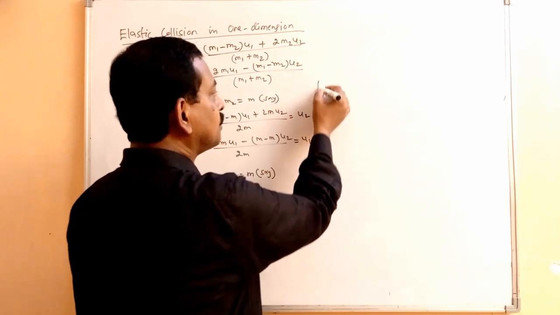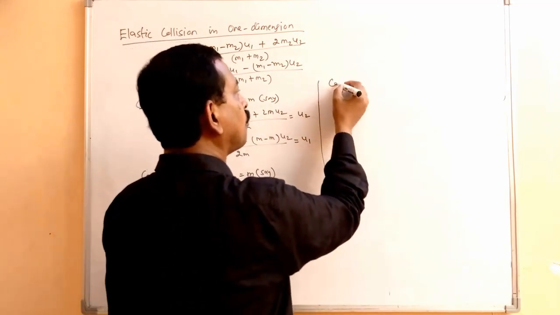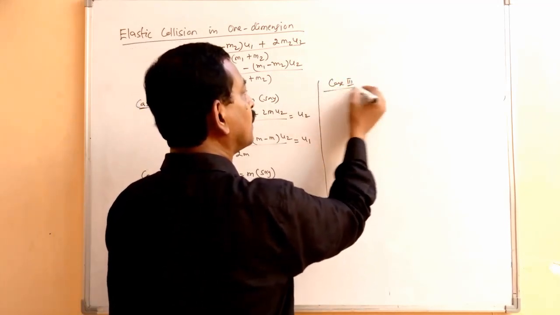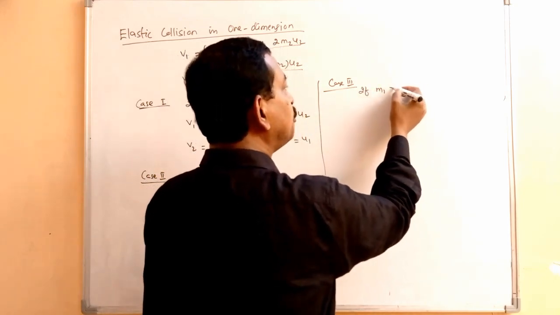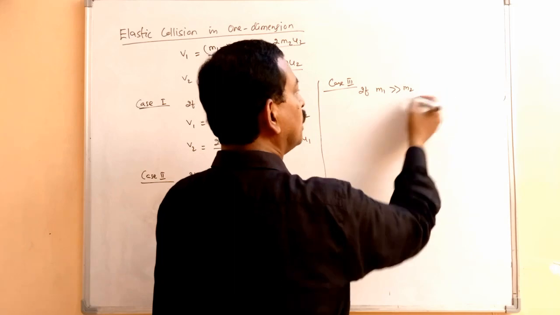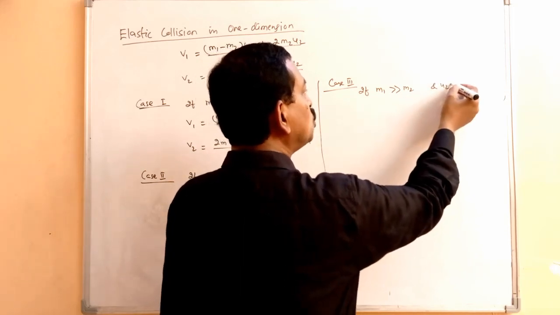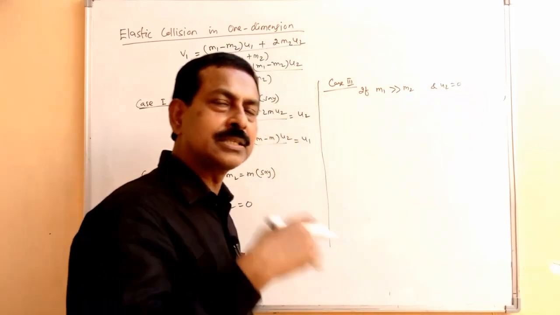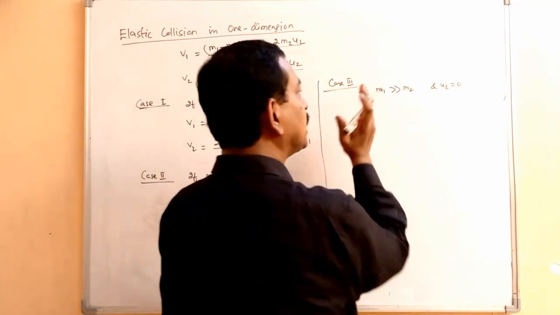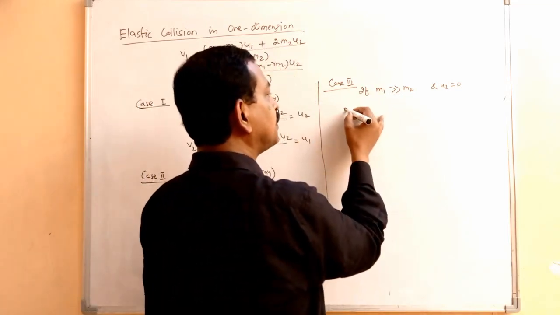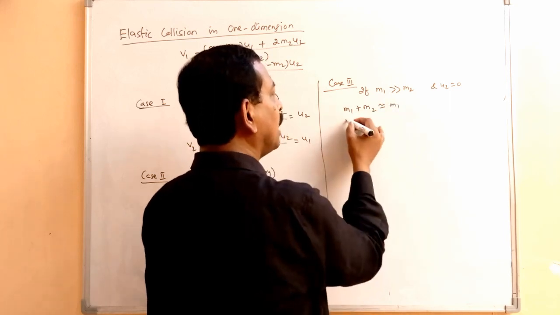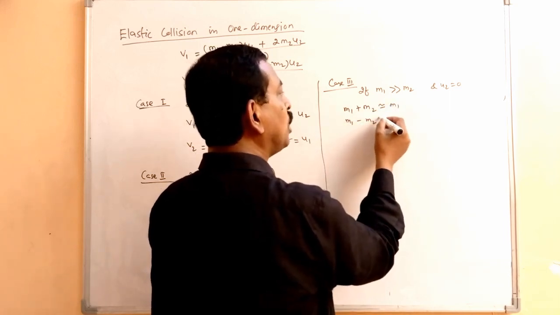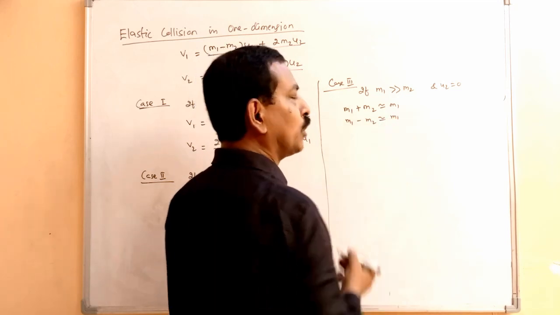Let's take case 3. If we assume that m1 is very large as compared to m2 and u2 is 0, that is, the second body is at rest and the first body has very large mass, then m1 plus m2 will be nearly equal to m1 and m1 minus m2 will also be nearly equal to m1.